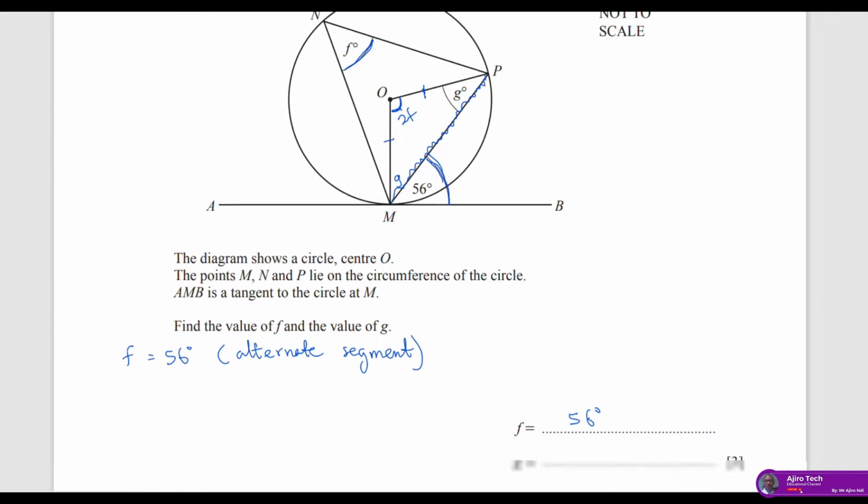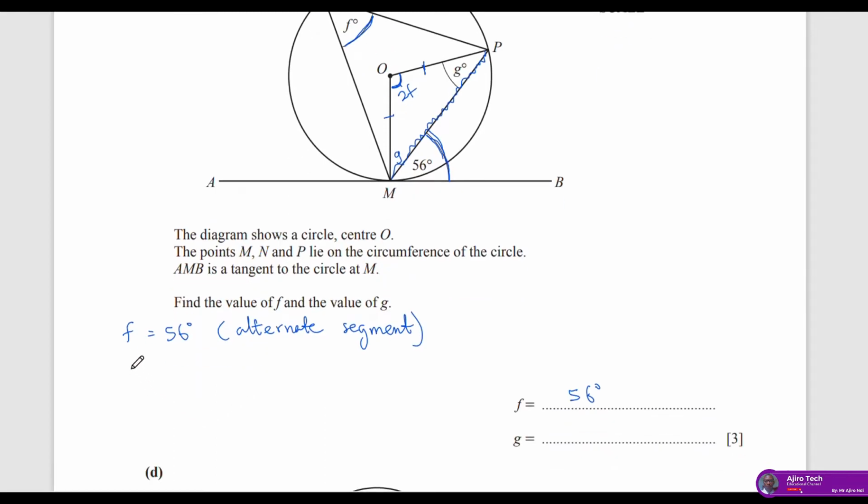So angle MOP should be 2F, which is 2 times 56 degrees, which is 112 degrees.